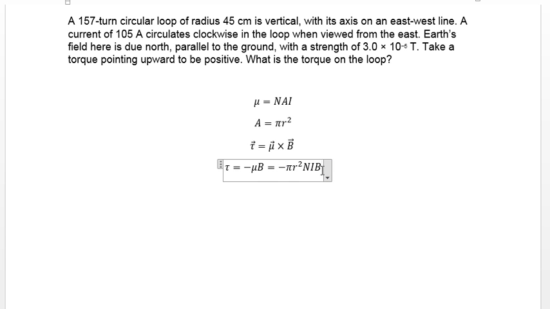So this ends up being the equation for the torque. We've got to make sure that 45 is in meters, so that's 0.45.